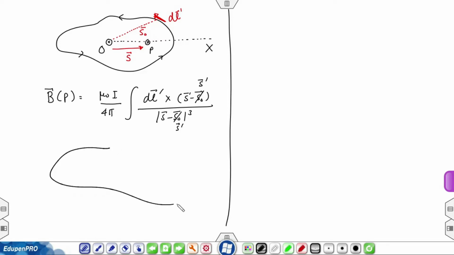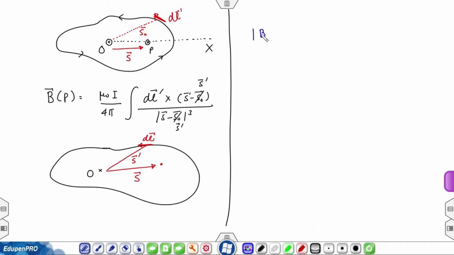So, here is this loop. In general what I am writing is, this is my origin, here is point P somewhere, and this vector is s, and a point on the loop is s prime, this vector, and there is this d l. And I have to calculate this magnetic field.